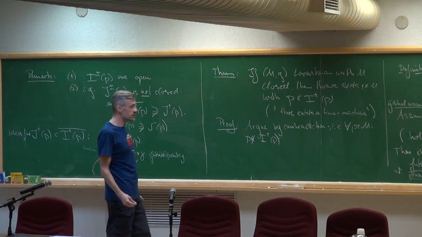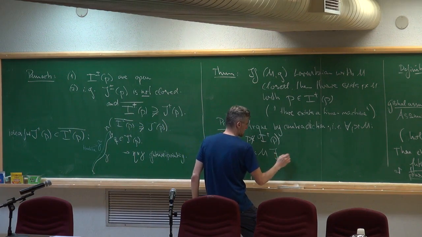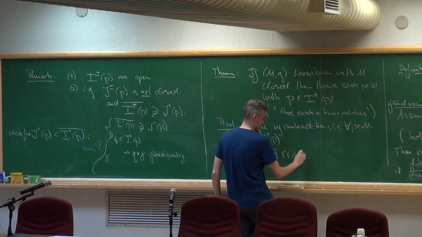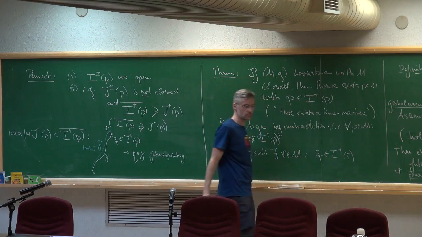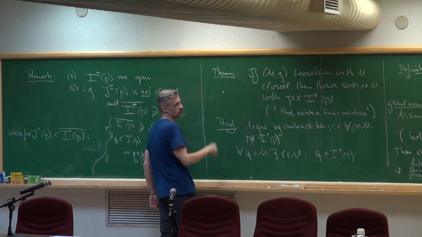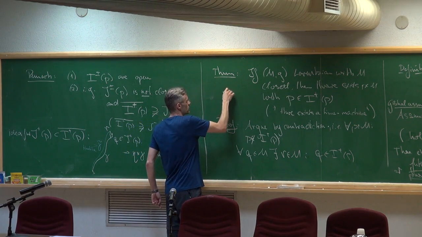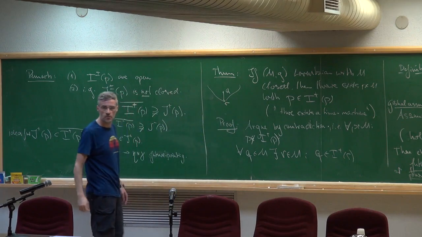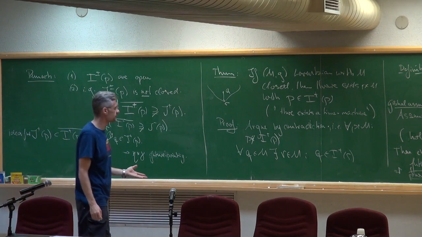And for all Q in M, there exists an R in M such that Q is in I plus of R. Simply, if you have a point, just take a past pointing light-like direction, shoot off a little geodesic, and then you have your point R. Q lies in its chronological future.